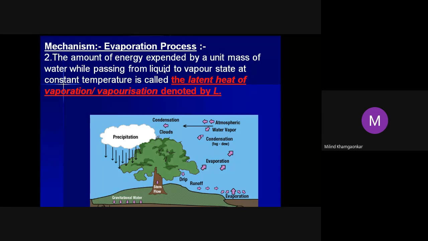The amount of energy expended by a unit mass of water while passing from liquid to vapor state at a constant temperature is called the latent heat of vaporization, denoted by L. You have learned this in your 12th or maybe first year physics, the latent heat chapter in heat.